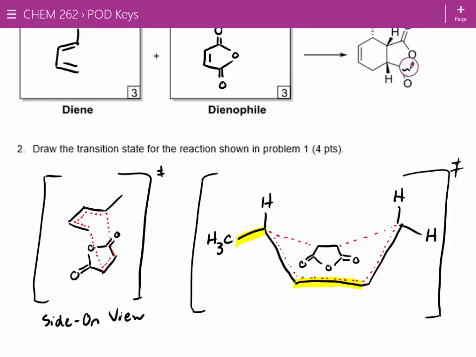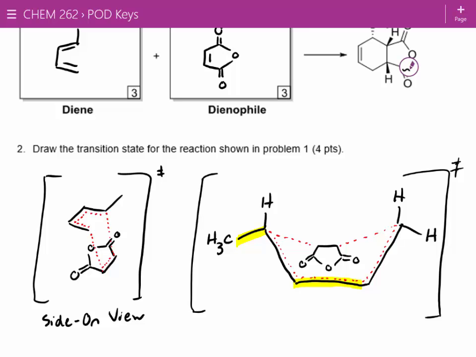So let's take a look at this with our model kits, and I decided to try to make it for you. So on the side-on view, we've got it like this, right? And then I'll put the dienophile in the back, underneath like this. So when we're making a bond, we're going to attach positions between the two carbons there. So it's kind of a pancake stacking interaction.